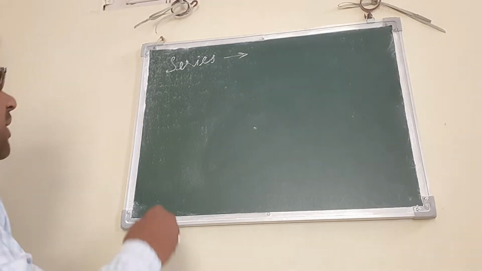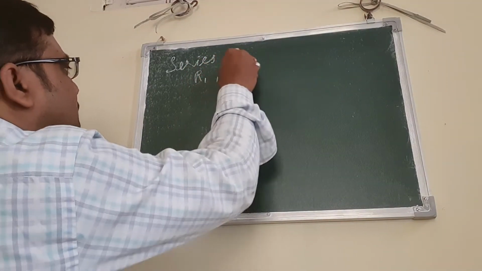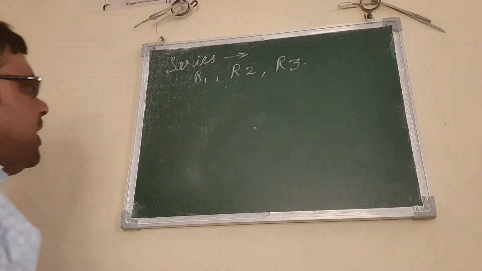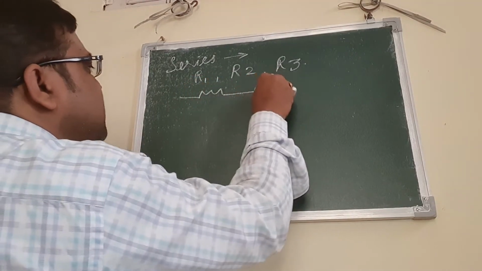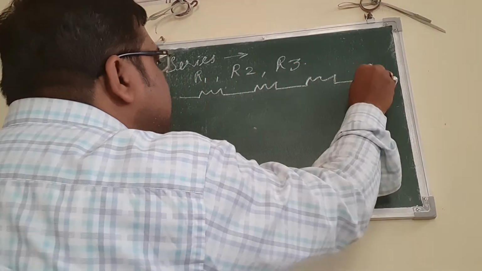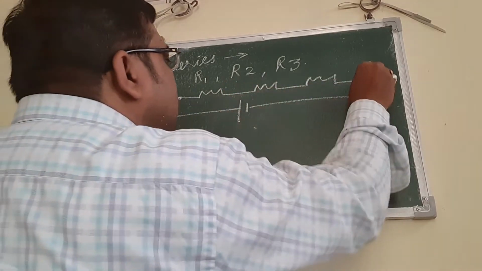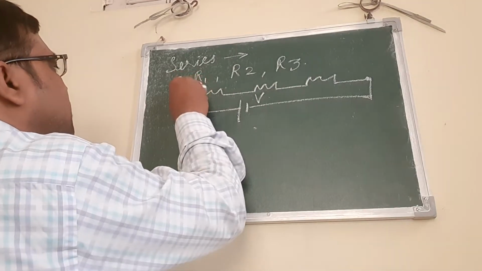Suppose there are three resistances R1, R2 and R3, and they are being connected in the circuit like this. This is our circuit, which is connected to a battery of V volt. Current I is flowing through this.